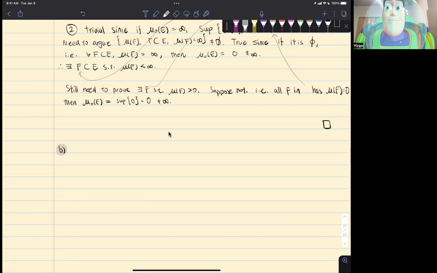Since the Ki are finite, the measure of EJ intersect Ki is smaller or equal to the measure of Ki, which is finite. So that shows EJ is sigma finite, which is a contradiction because we proved EJ is not sigma finite.